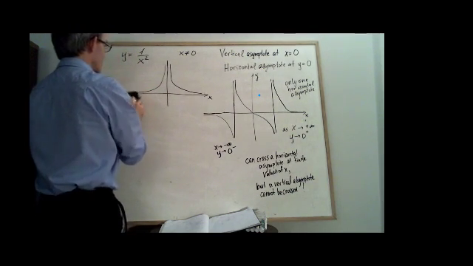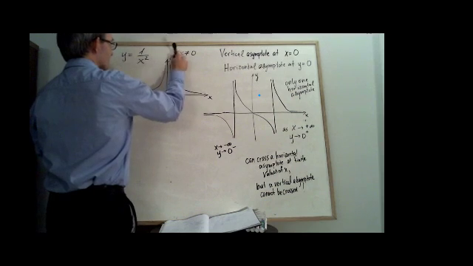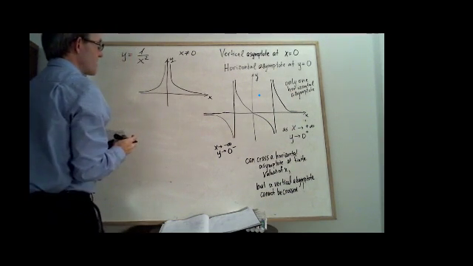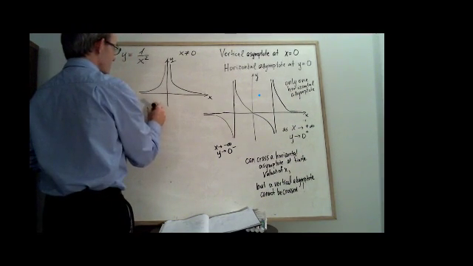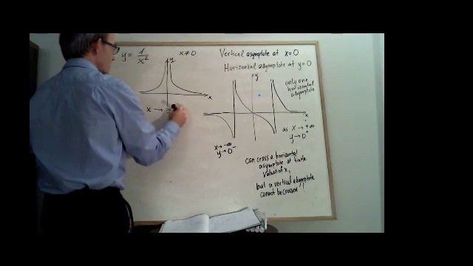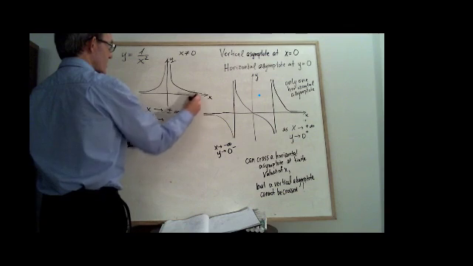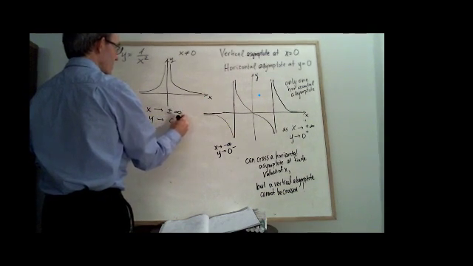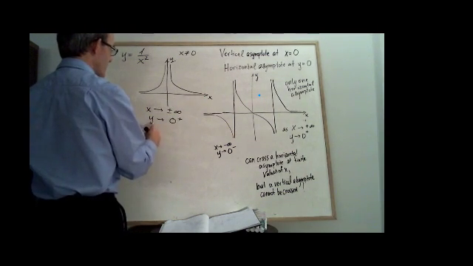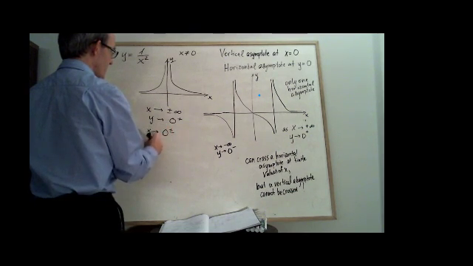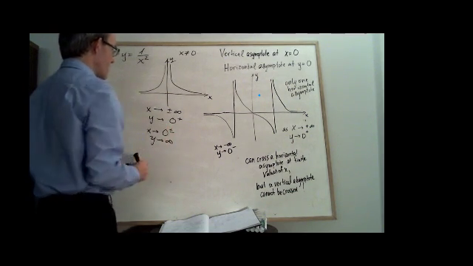Y is up here. And as x goes to plus or minus infinity, y goes to 0 from above in both cases. And as x goes to 0 from above or below, y goes off to plus infinity.